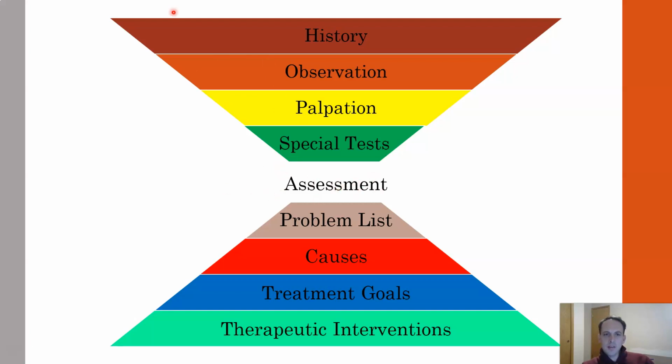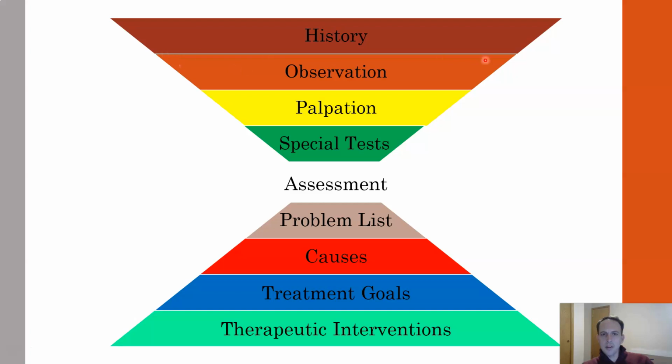But don't forget, during this entire process, we're also creating that problem list and identifying the causes of each of those problems. Then we would set goals that address each of those causes, and then therapeutic interventions that address those specific goals. So keep this entire component in mind.